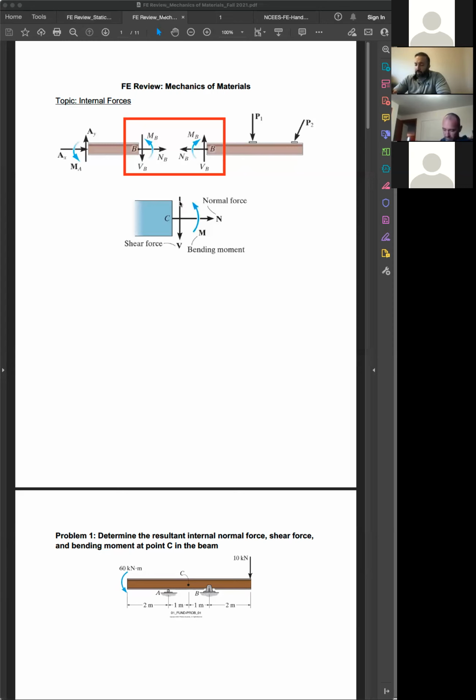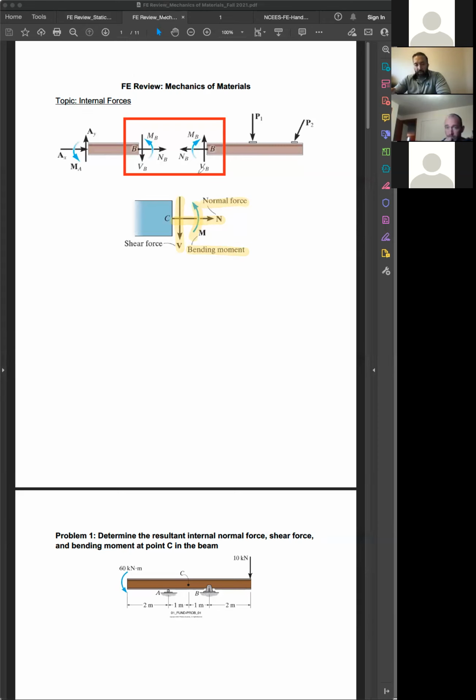You know that the vertical force would be called shear force. The axial force is called normal force, shown with N, and bending moment shown with the M as the internal bending moment.